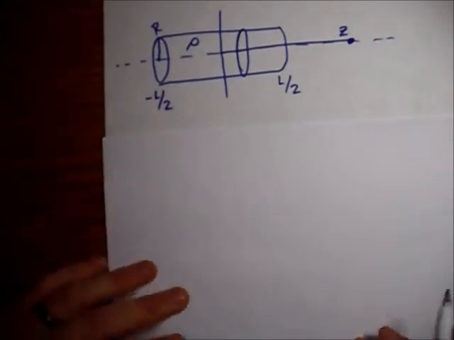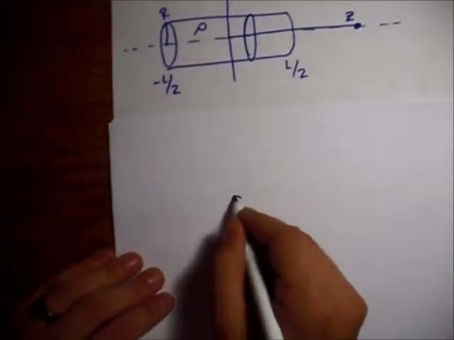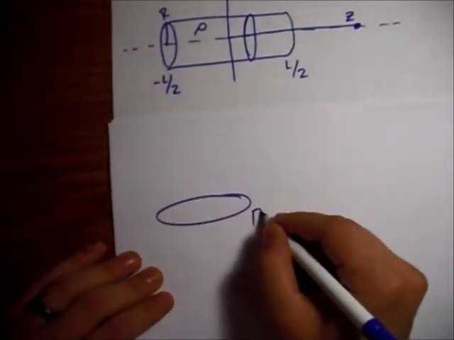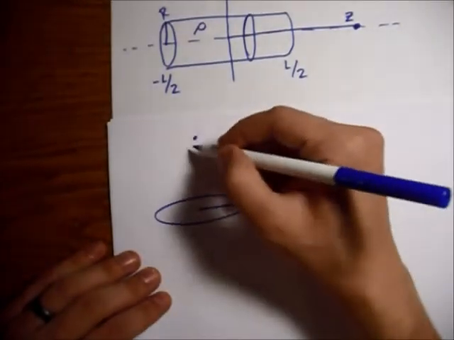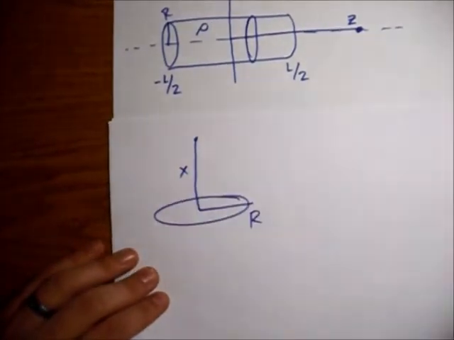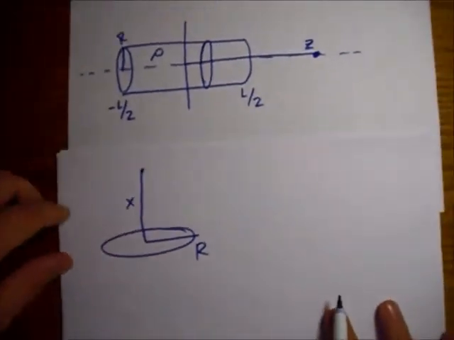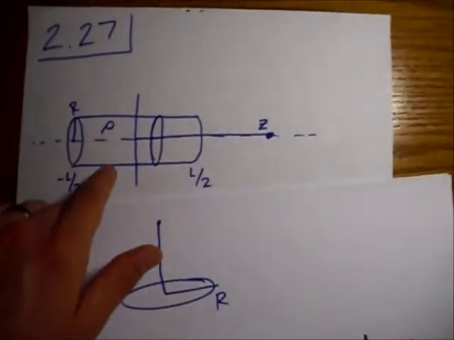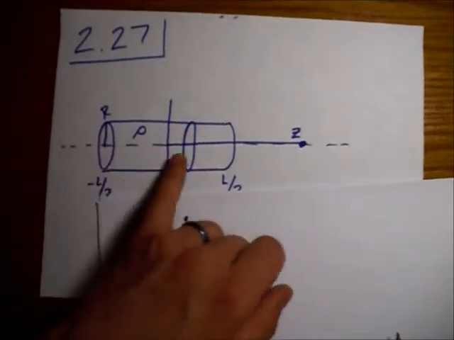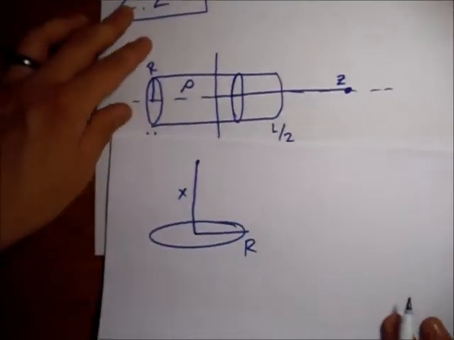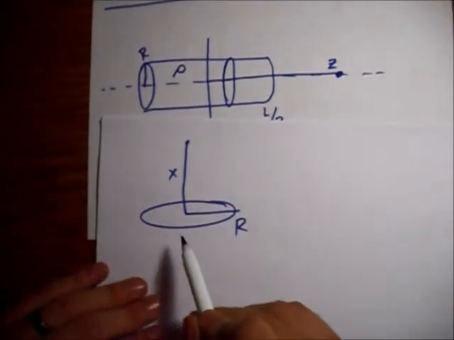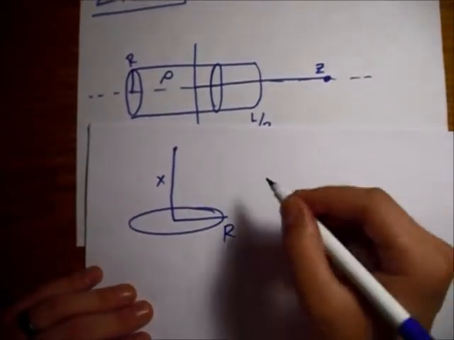I'm going to just draw a disk here, radius big R, and I'm going to use x as the distance up to this point, because later on we'll be using x as the distance from whichever slice we're taking out to this point z.